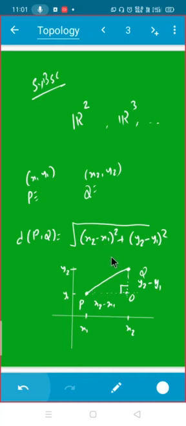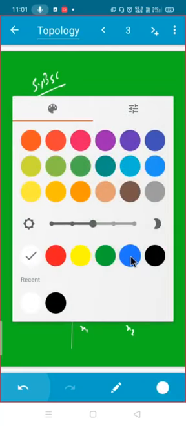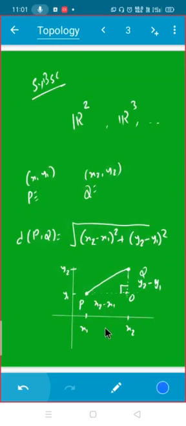But this is not the only way to find the distance between P and Q. Can you give me any other way to find distance? That means I want to go from P to Q. Do I have any other way? Yes, Neha? Do I have any other way to go from P to Q? Is the question clear? Parallelogram law. No, I don't want parallelogram law or anything.